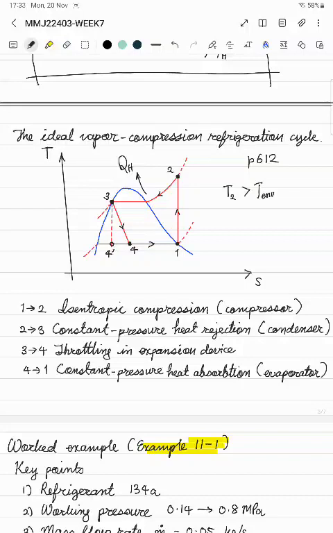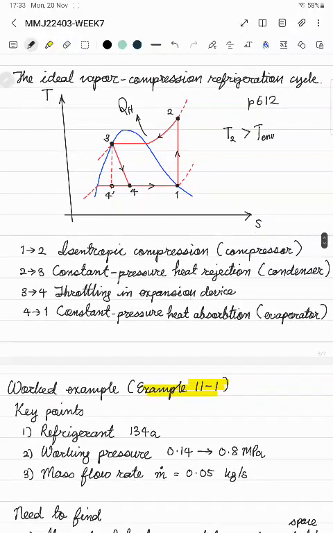That process is called throttling. So basically, throttling is a process where no work or even no external energy is given. So the process is basically constant enthalpy. The enthalpy doesn't change, so you also call it an isenthalpic process.